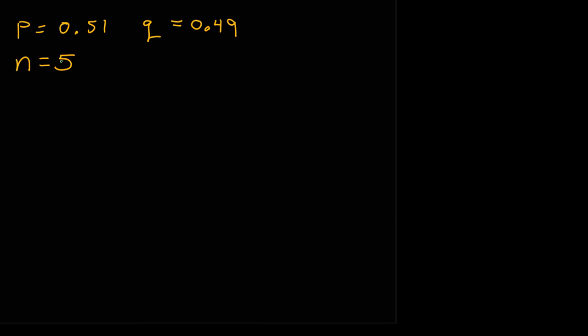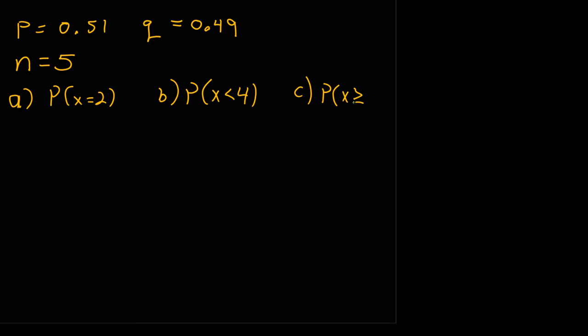For part A, what's the probability of exactly 2? For part B, we want the probability of less than 4. And for part C, we want the probability of at least 3, so 3 or greater.